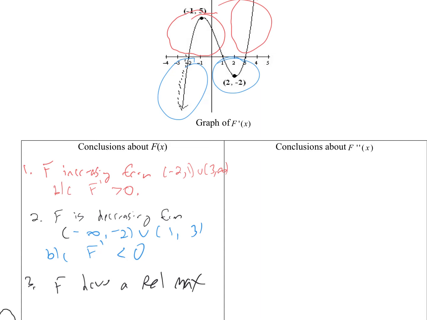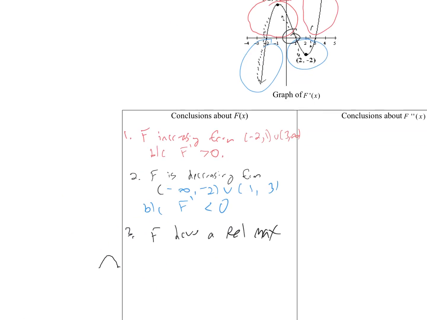That's negative to positive, because it jumped the axis there. This is positive to negative. This is negative to positive. So it only occurs there at x equals 1, because f prime changed from positive to negative.